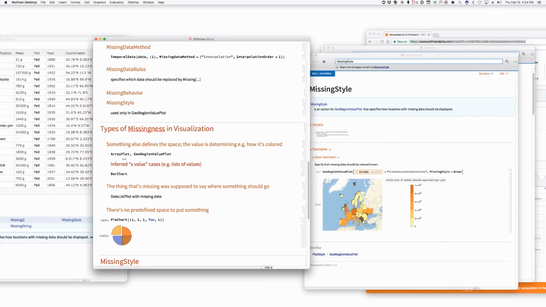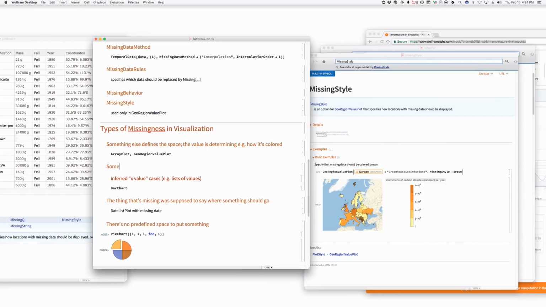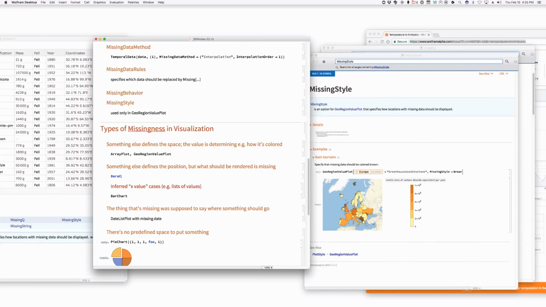Okay. So this is actually a different case. You're right. Something else defines the position, but not what's rendered there. But what's rendered there is missing. What should be rendered is missing. Okay, so the cases for that are bar chart, 1, 2, foo.